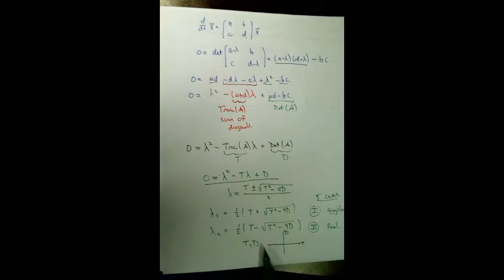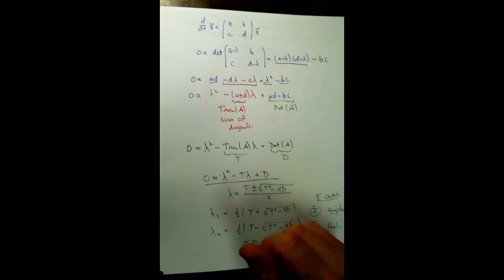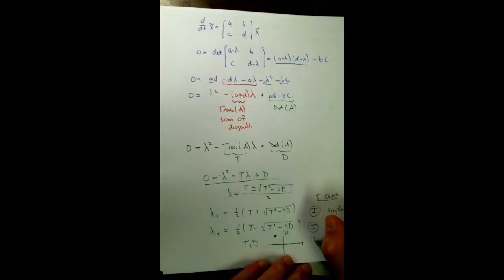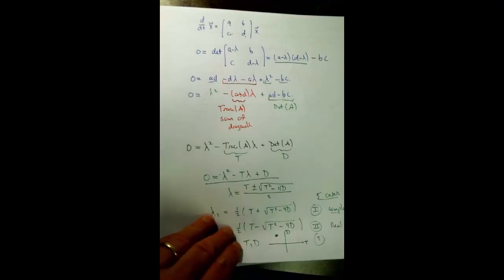I'm just going to arbitrarily make T the horizontal axis and D the vertical axis. If you give me T and D, that gives me some point here, and I want to divide this up into regions. You give me T and D, I can immediately see which region it is in, and then tell you exactly where you're going to be in these 5 cases. So the question is how do I do that?